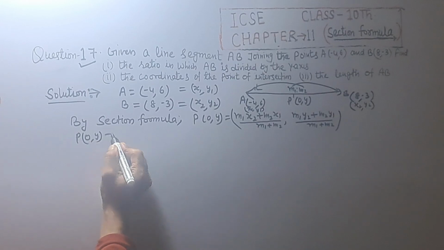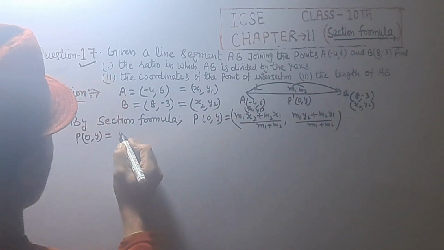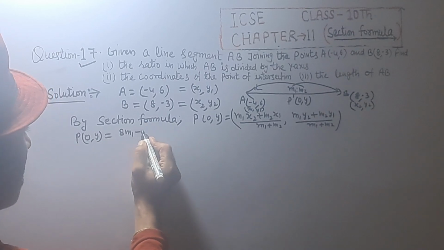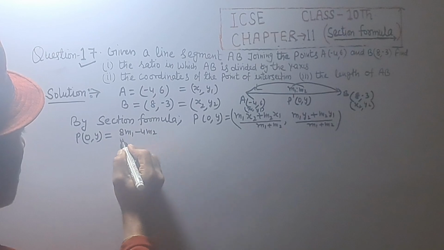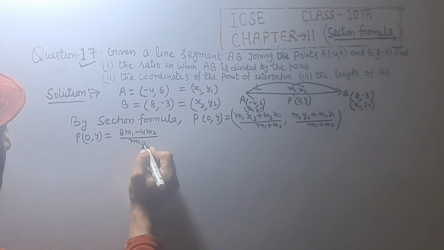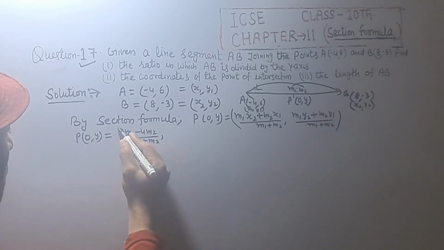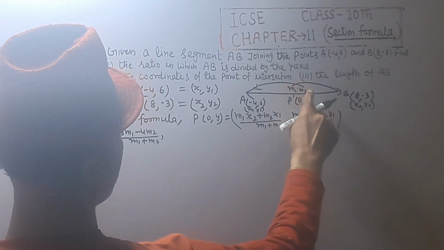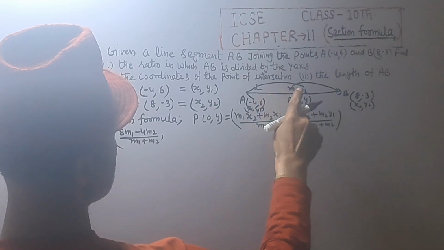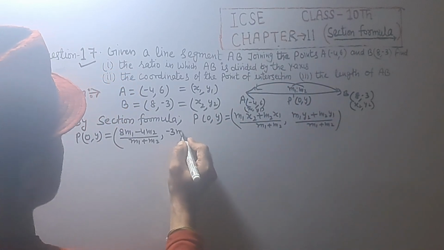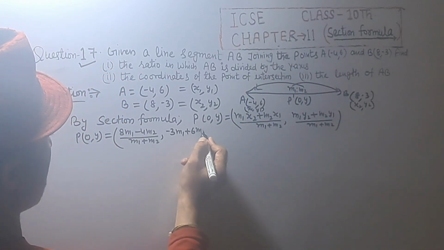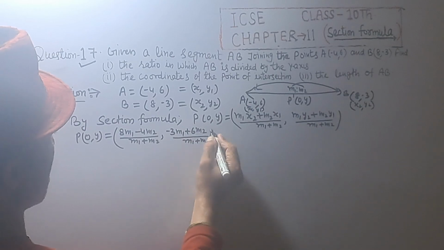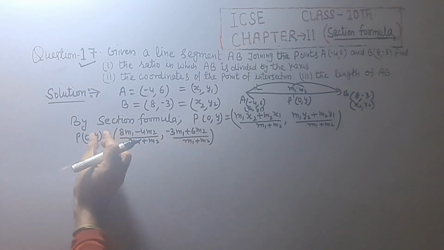P(0, y) is equal to (8m1 - 4m2)/(m1 + m2), and the second point is (-3m1 + 6m2)/(m1 + m2), that is equal to y.